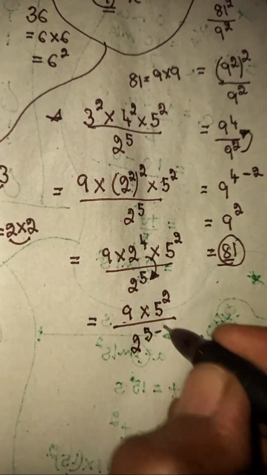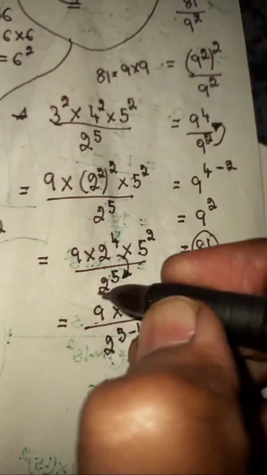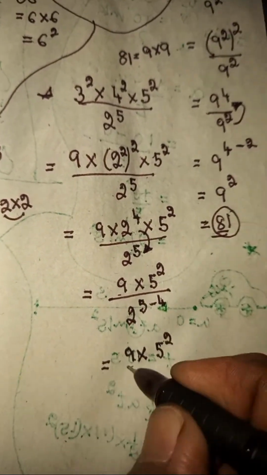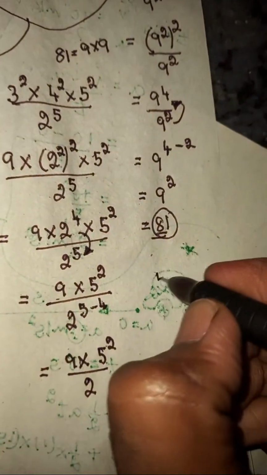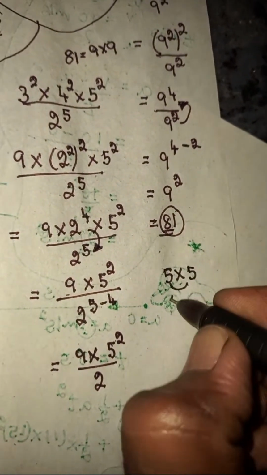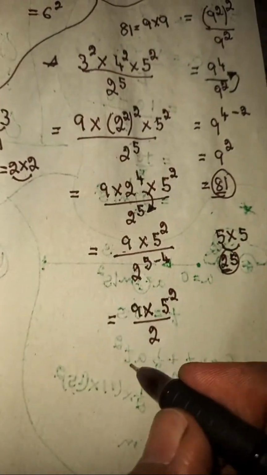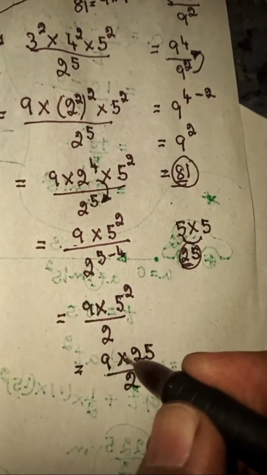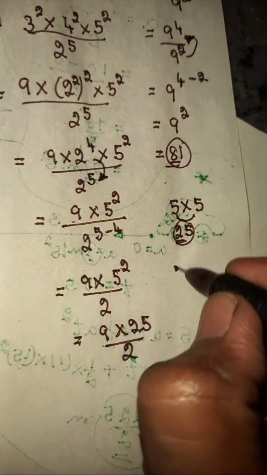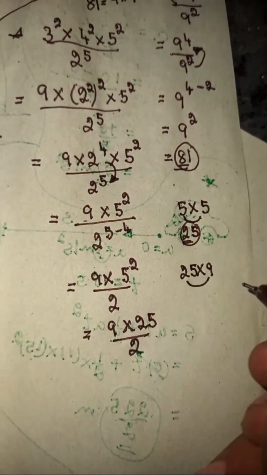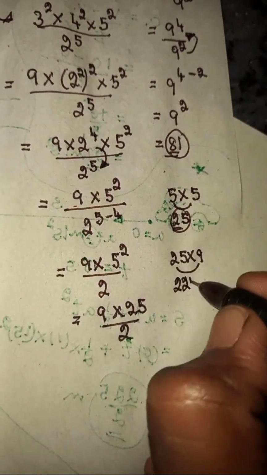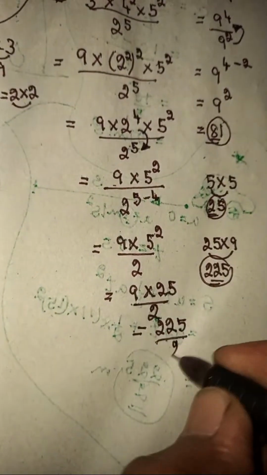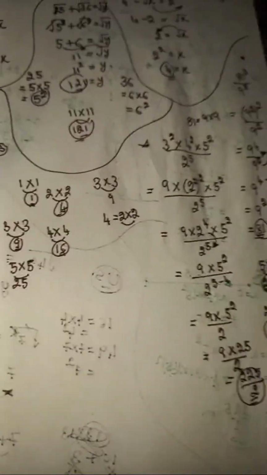Therefore, which is getting shifted will become negative. 5 minus 4 is 1, so it is 9 times 5 square by 2. 5 square means 5 times 5, which becomes 25. You are going to get 9 times 25 by 2. Here 9 times 25 means 25 times 9, equal to 225. So this becomes 225 by 2. Let's take one more problem.